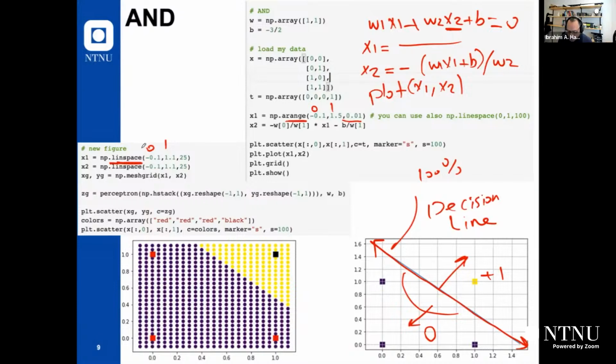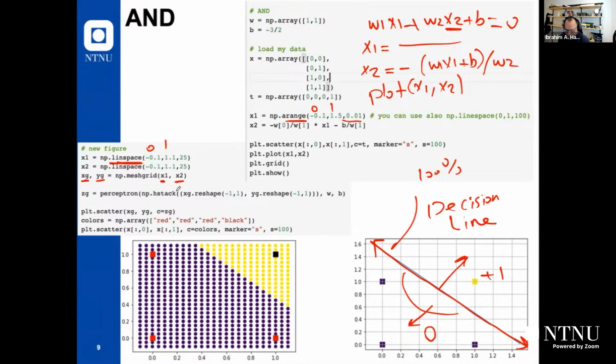So here I use this linspace to get values for x1 and x2. After that, I will send x1 and x2 to this meshgrid function. It will generate x grid, y grid. And I will substitute those values into my perceptron, because now I have trained my perceptron to classify. So I will send all those points to my perceptron, and it will classify each single point into +1 or 0.